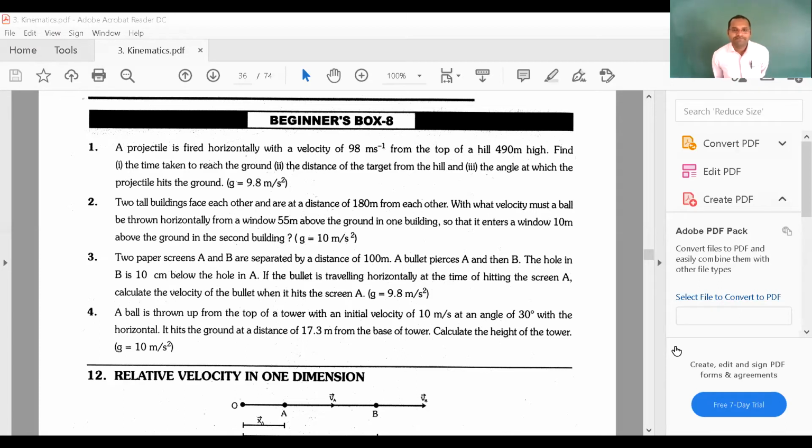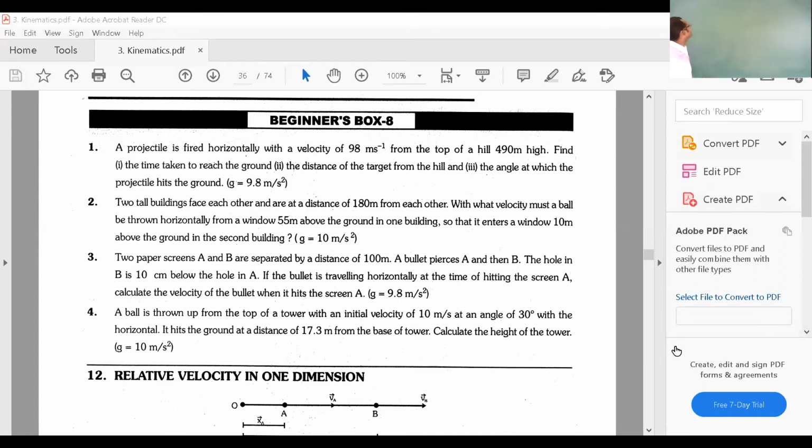A bullet pierces A and then B. A hole in B is 10 centimeters below the hole in A. If the bullet is traveling horizontally at the time of hitting screen A, calculate the velocity of the bullet when it hits screen A. Here they are saying take the g value as 9.8 meters per second squared. It is exactly ditto the same as your previous question. I'll make you clear these concepts here.